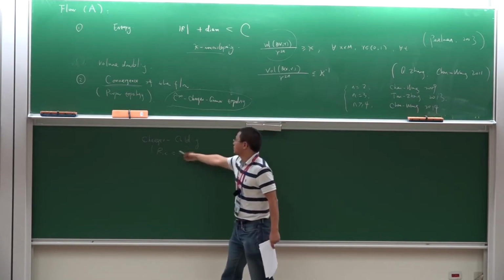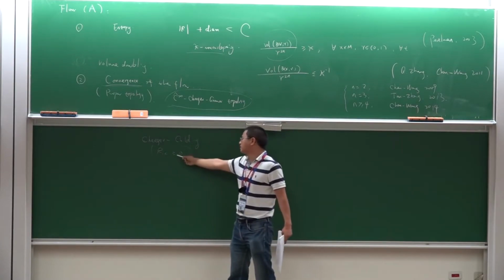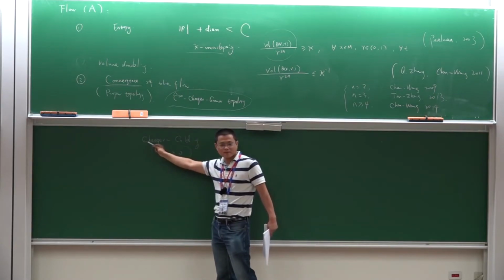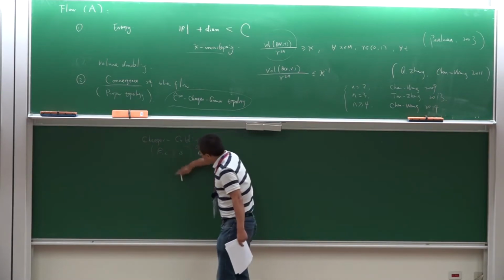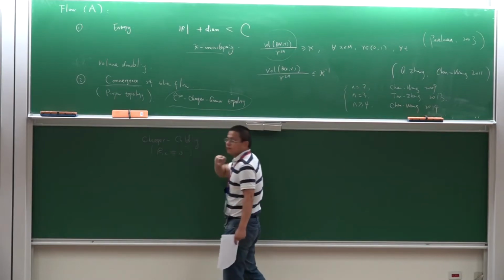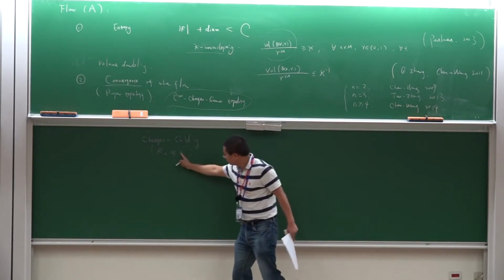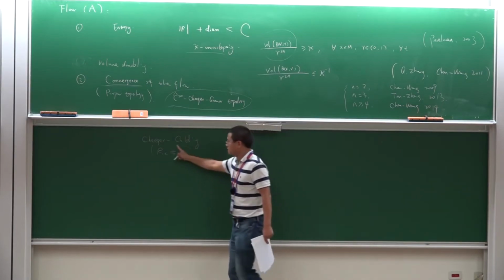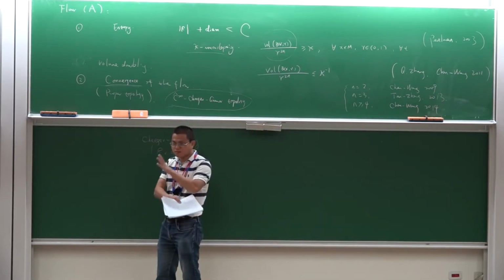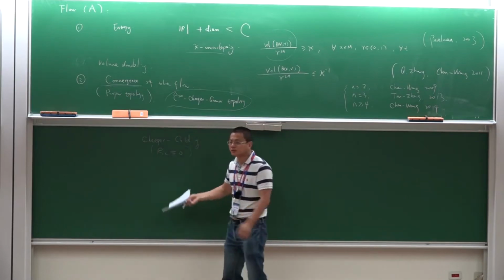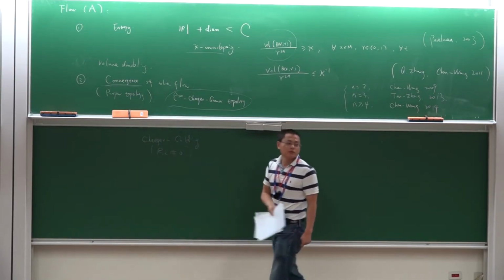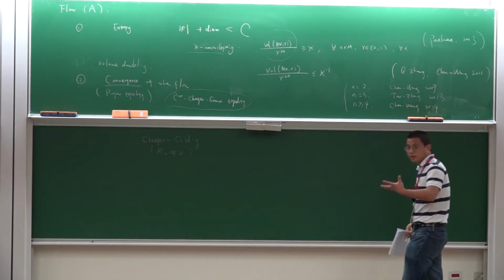Suppose you have a sequence of manifolds with Ricci greater or equal to 0, then it converges to a limit space. If you know even further that it is Ricci flat, then the limit space has much better regularity because this is an elliptic PDE. You can improve regularity from the elliptic PDE.